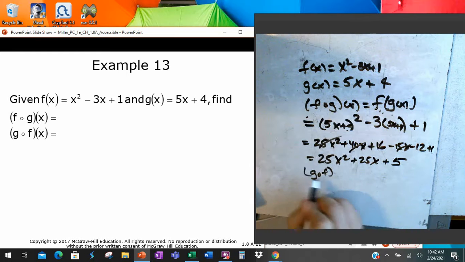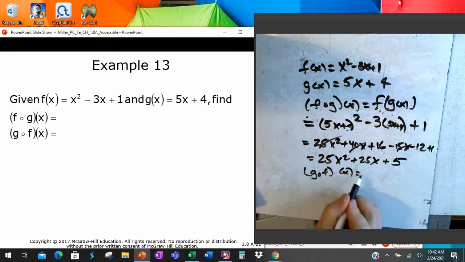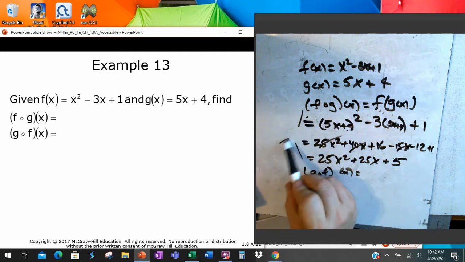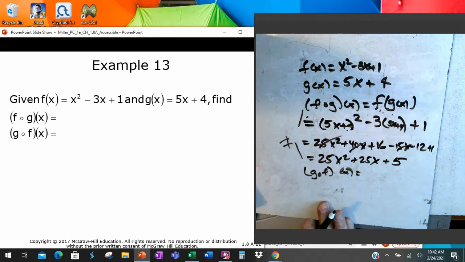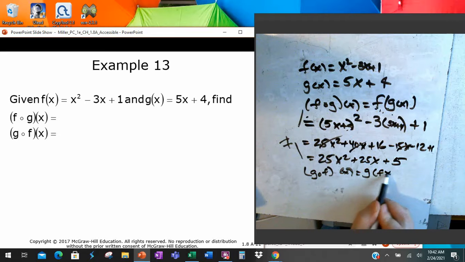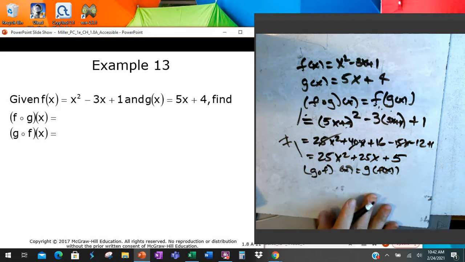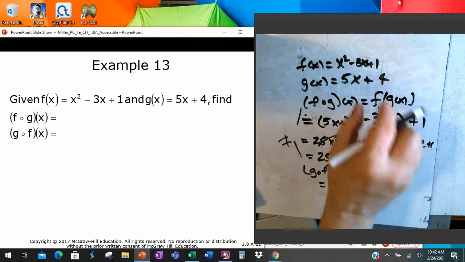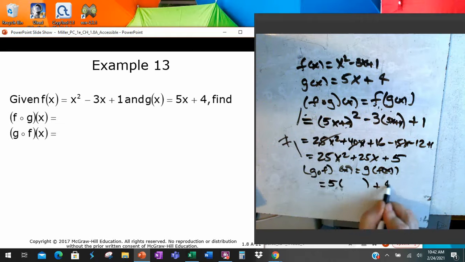What about if I do g circle f? That is not the same thing. These two are in general not equal. Later on we're going to see an example of where they are equal, but in general they're not. g on the outside, f of x on the inside. So what's my g? This is equal to 5, my parentheses for my x plus 4.